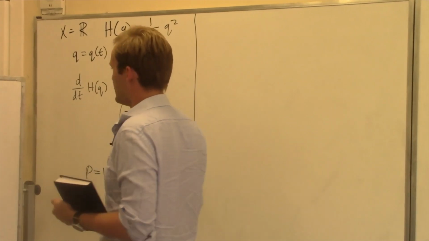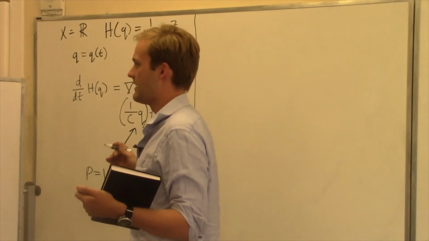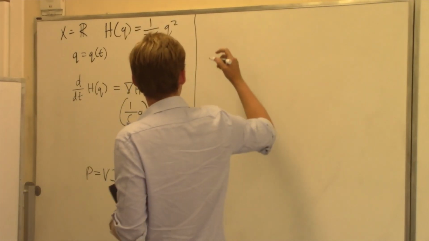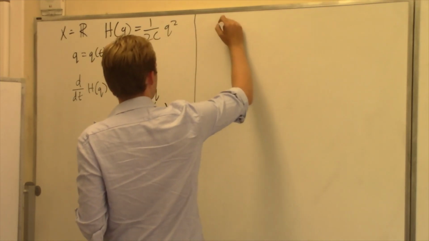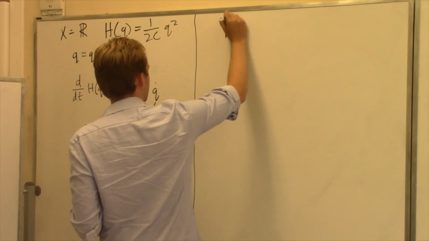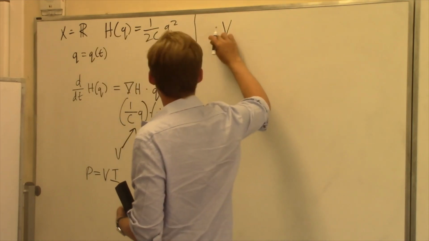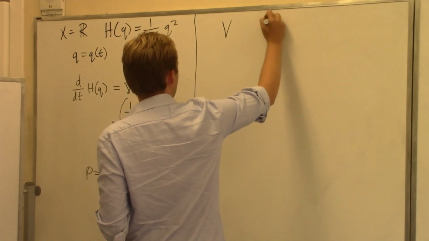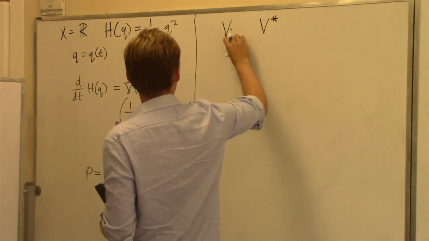So it might have several different efforts and flows. And the way we model that is by having a vector space V of flows, and then we consider its dual.